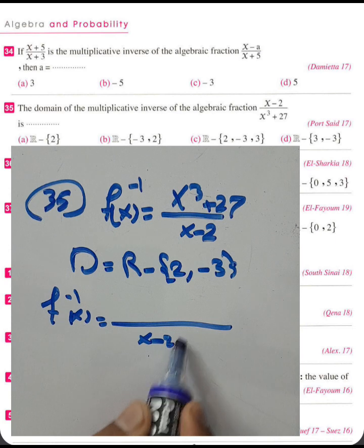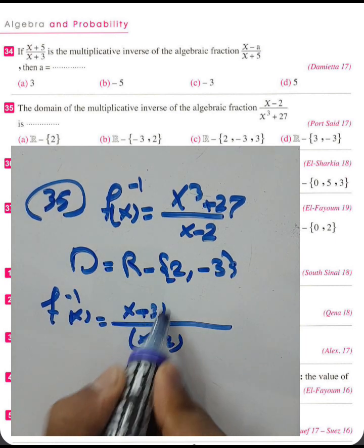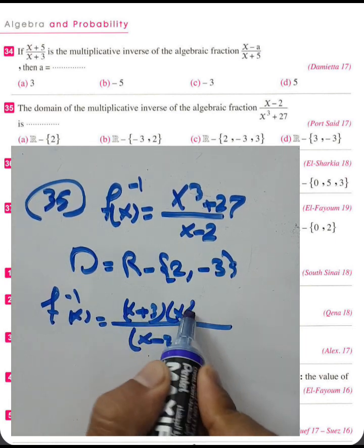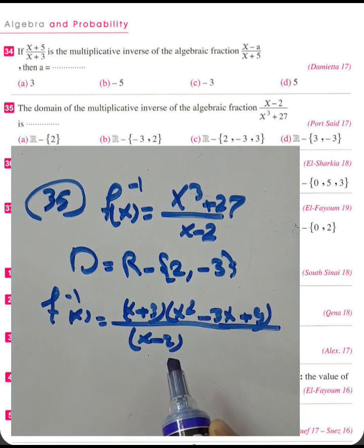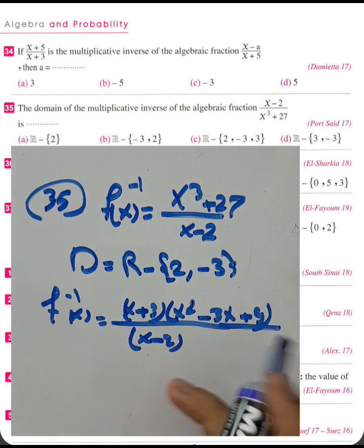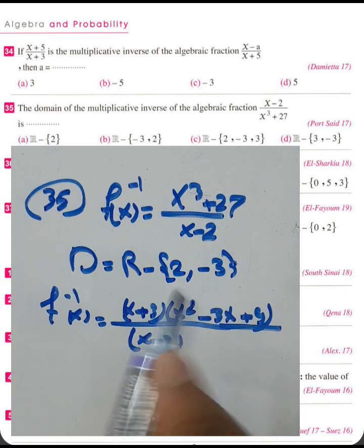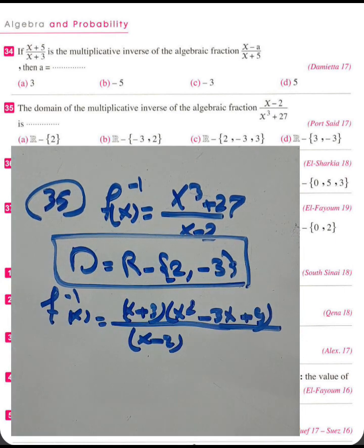Write x minus 2 here and x plus 3, and x power 2 here, and write negative 3x plus 9. Zero of the denominator will be 2 and of the numerator will be negative 3. This is the domain of this function. The domain will be R subtract 2 and negative 3, 2 and negative 3 only. Okay, choose letter B. The result will be letter B.